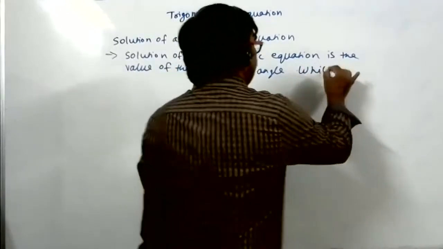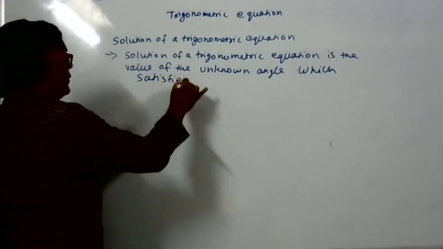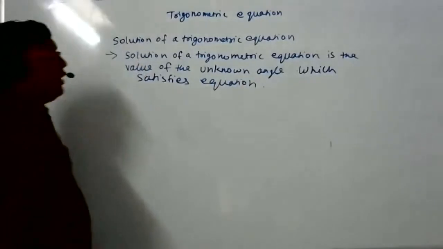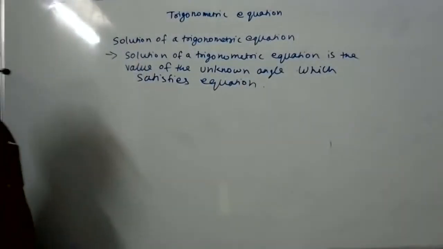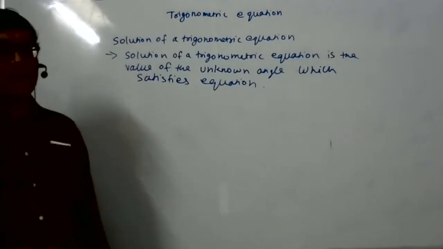The meaning is the same. Satisfying the equation means the left hand side becomes equal to the right hand side. Solution of a trigonometric equation is the value of the unknown angle which satisfies the trigonometric equation.